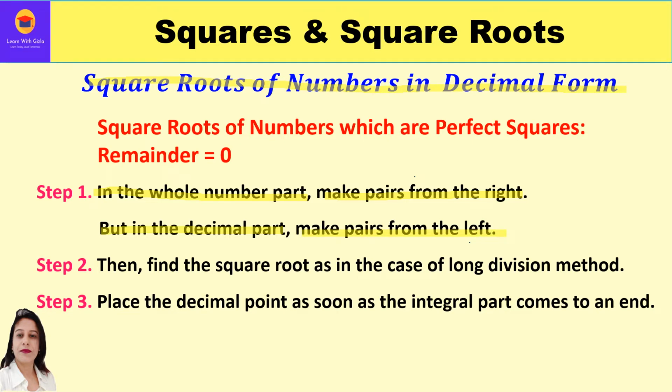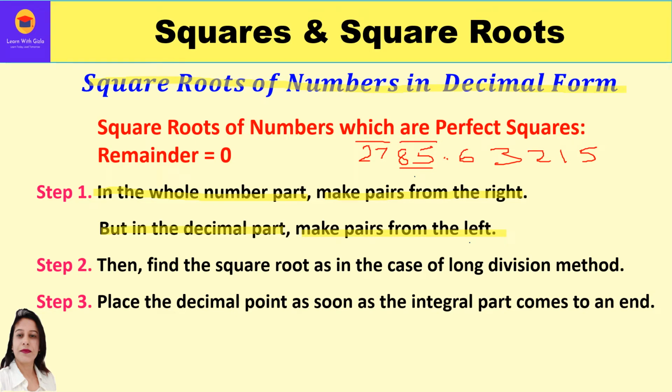Suppose I take a number, say 278.632115. Now I have to make pairs. I will start from just before the decimal point. This is my whole number, so the first pair is 85, the second pair is 27.